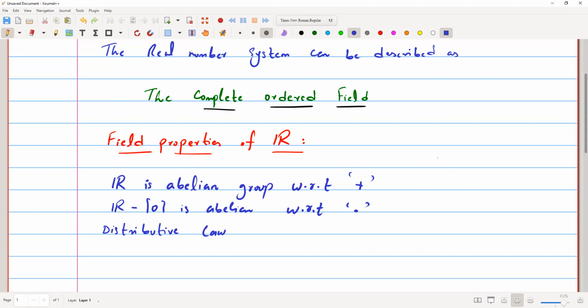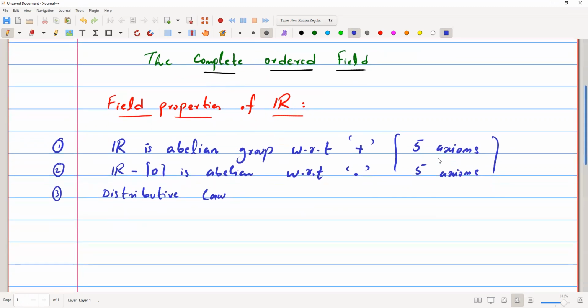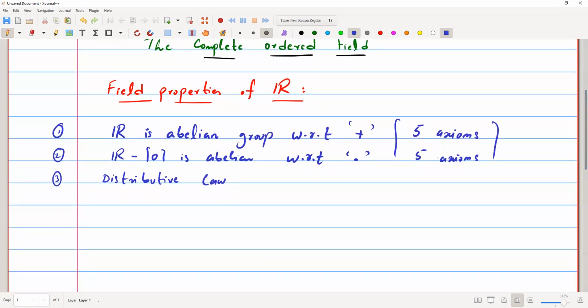Now we have 5 axioms for the abelian group with respect to addition, and similarly 5 axioms for the abelian group with respect to multiplication, and then we have the distributive law. So in total we have 11 axioms that a field needs to satisfy in order to be a field. The structure that satisfies these properties is called a field.